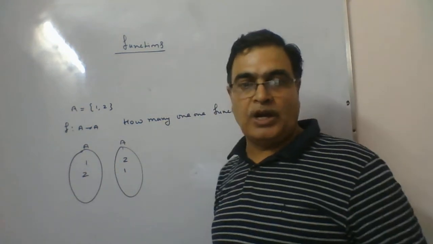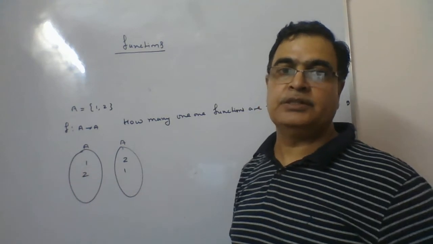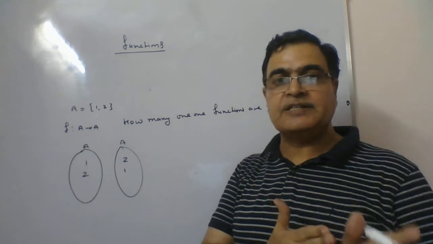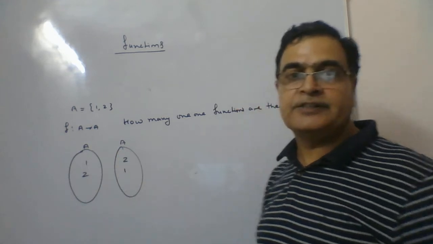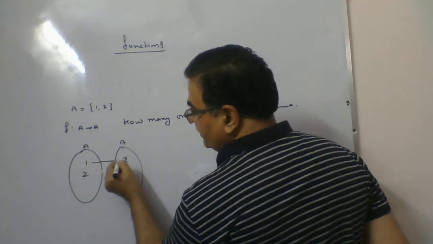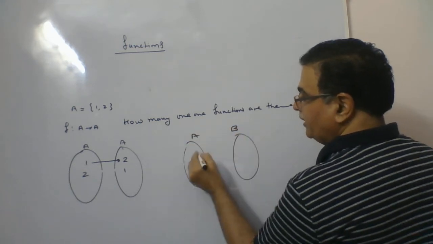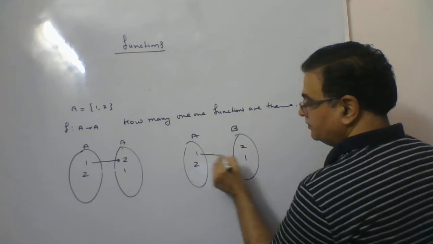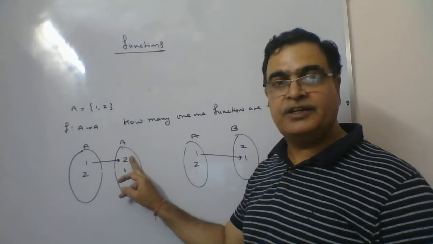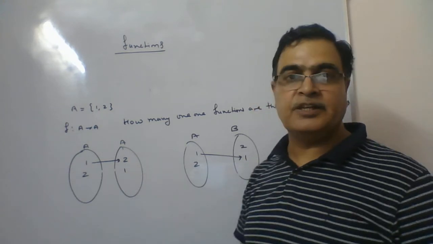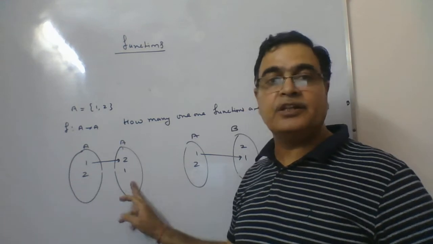Now when you think about one-one function, I told you different elements should have different images. So if I take this element, it has two choices with us. One can have image 2, or one can have image 1. Two possibilities are there. Either it can take 2 as an image or it can take 1 as an image. Then the second element has no option now, it has to take the remaining element.